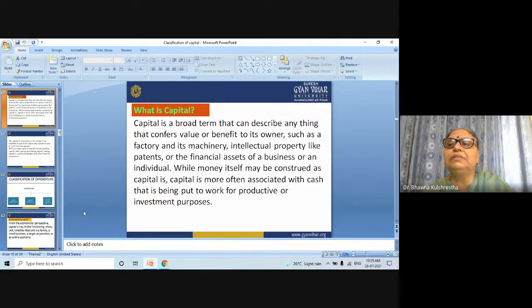A business's capital may derive from the operation of the business or be raised from debt or equity financing.